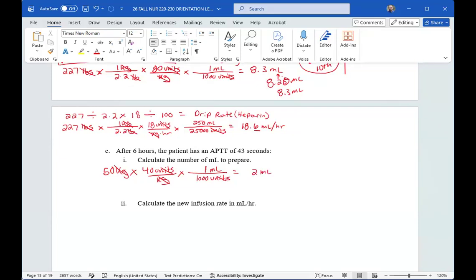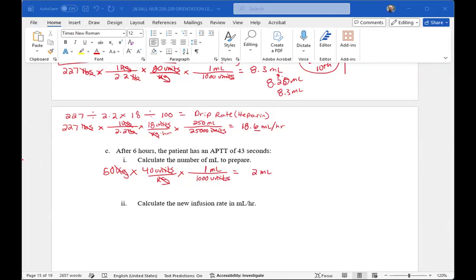What this question is asking you is basically to recalculate a new bolus. So that's what we did. We just calculated the new bolus given the new information. Again, I don't think you're going to have to worry about this. I gave this to you as extra practice because I knew this is a challenging question.